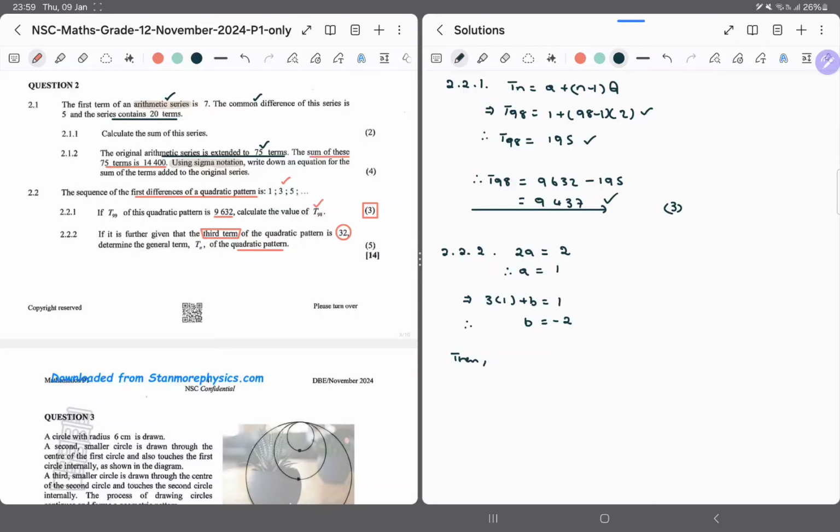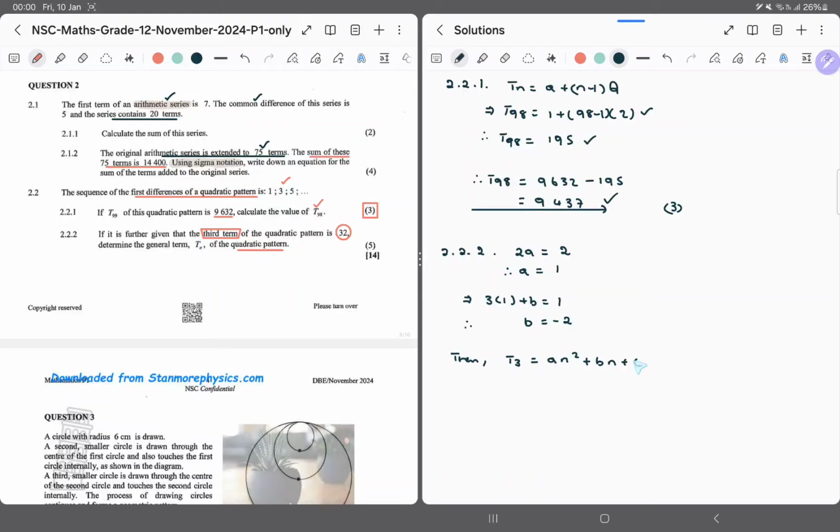what do we want? We know that T3 is going to be equal to, remember this is an squared plus bn plus c.